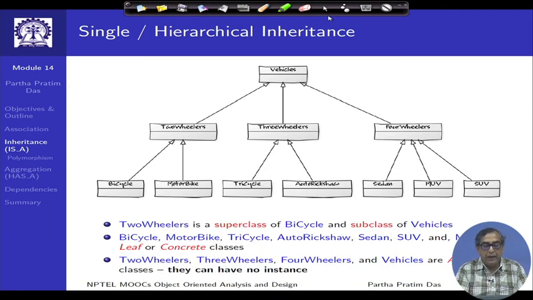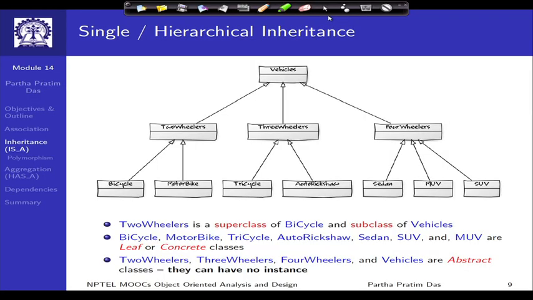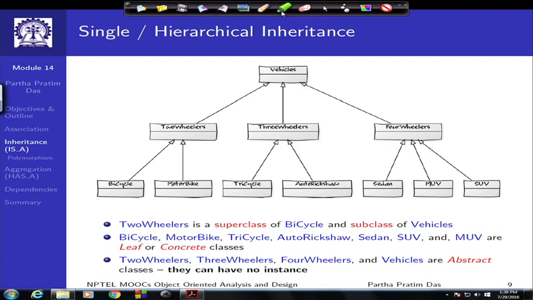So, if we quickly take a look at a single hierarchical inheritance example, we are presenting a hierarchy here, where the top and the root are vehicles.